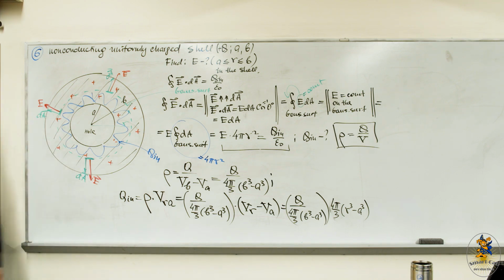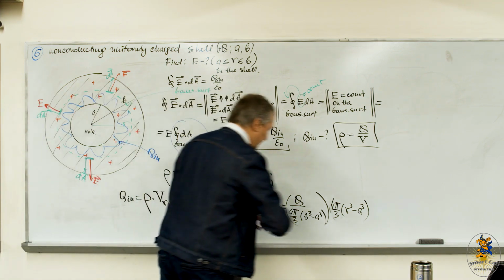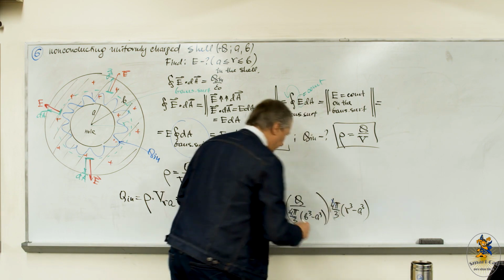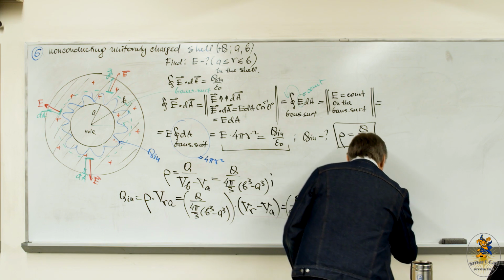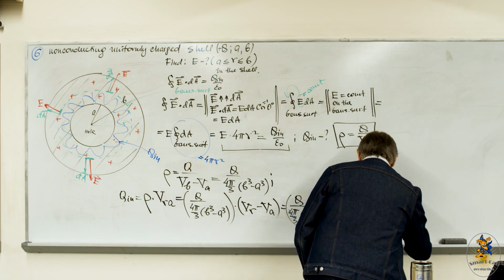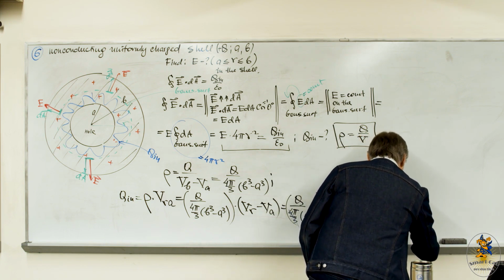So 4 pi over 3 will be cancelled, and we're getting the formula. So Q and the ratio of this, and this crazy ratio.